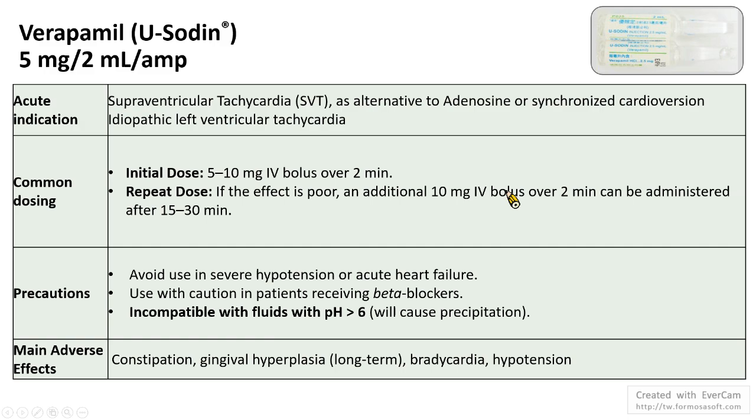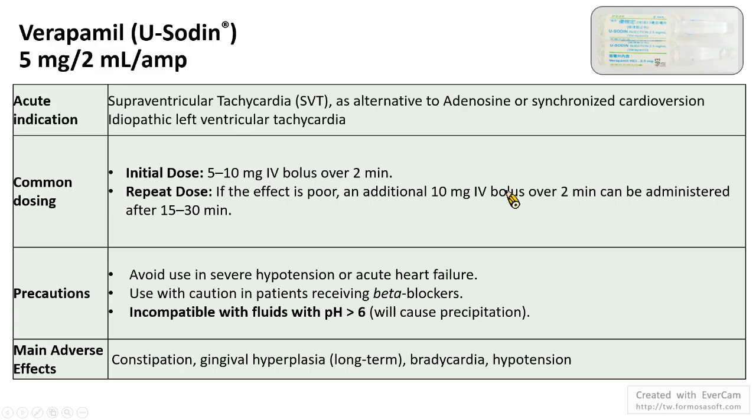It also can be used in idiopathic left ventricular tachycardia. The initial dose is 5 to 10 milligrams IV bolus over 2 minutes, and a repeated dose of 10 milligrams IV bolus can be given again after a quarter to half hour.